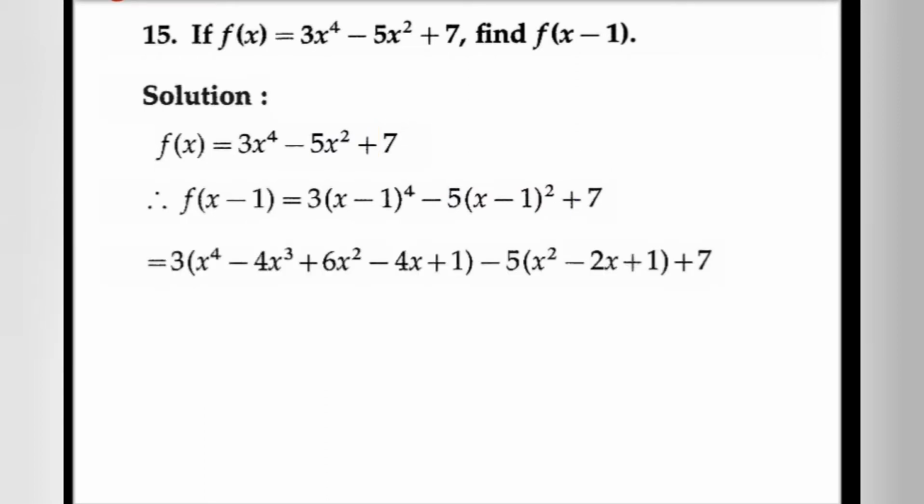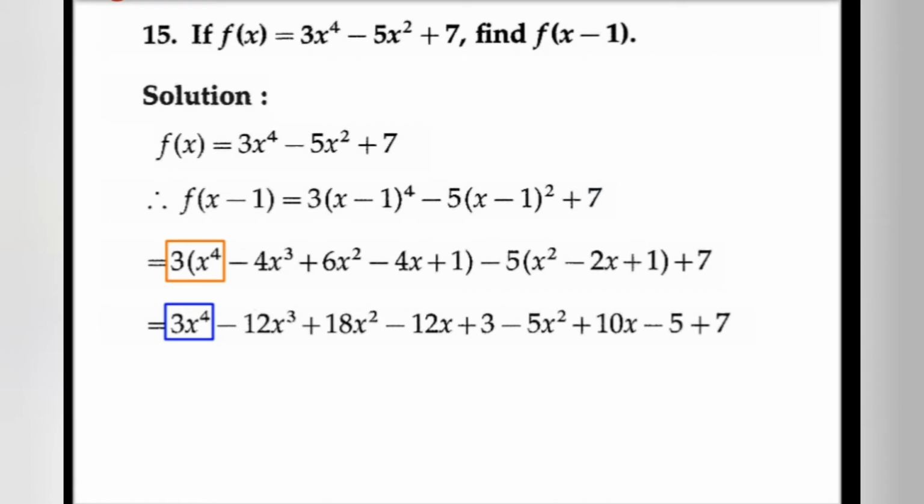So it is equal to 3 into x raised to power 4 minus 4x cube plus 6x square minus 4x plus 1, minus 5 into x square minus 2x plus 1, plus 7.